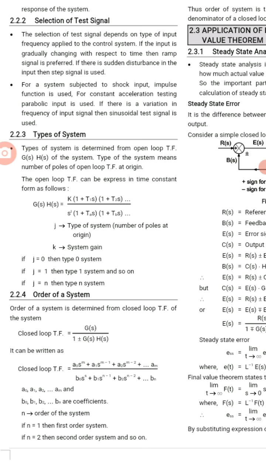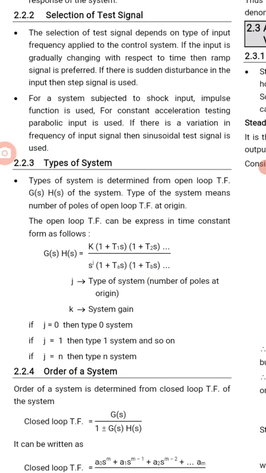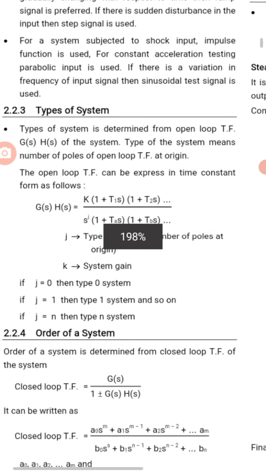If order increases, settling time decreases, and that's why it is essential to learn order of the system. Here we are only learning first and second order systems. So the use of order of the system is to learn settling time, and another is types of the system.